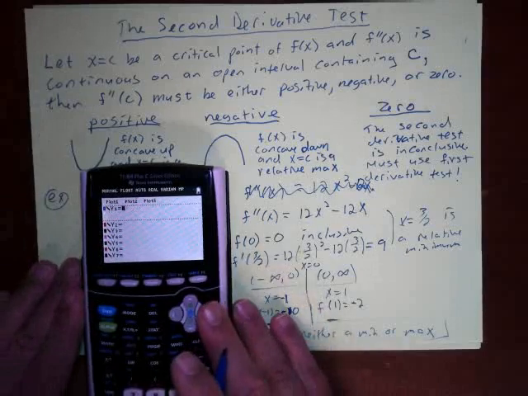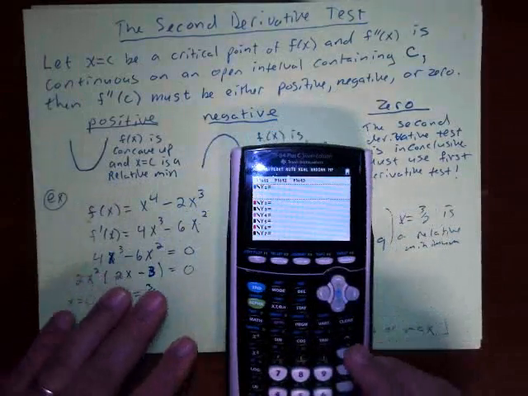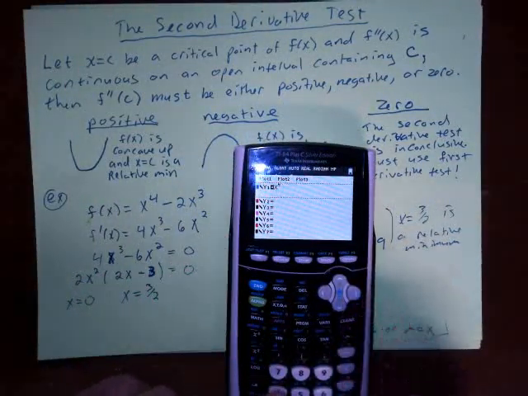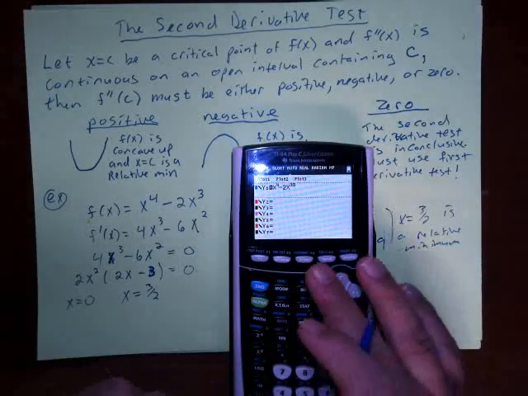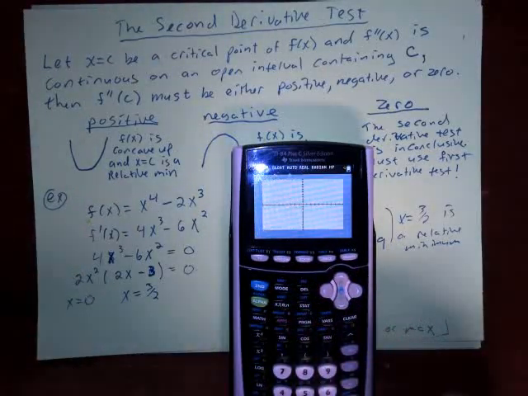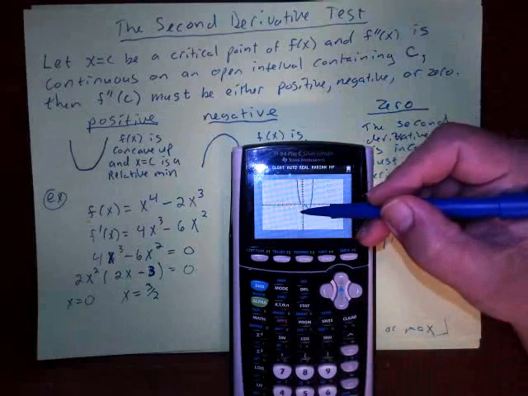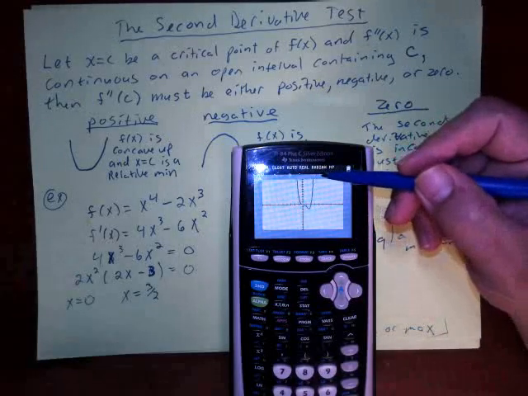So let's plug in our original function, which is x to the 4th minus 2x cubed, and we'll do it at a standard window. It looks like we get this thing that comes down, flattens out, comes down again and goes back up.